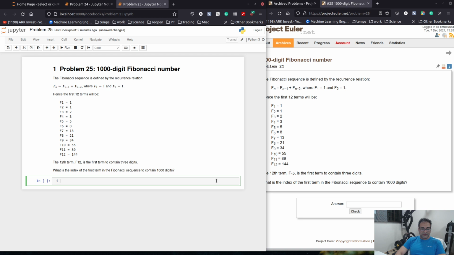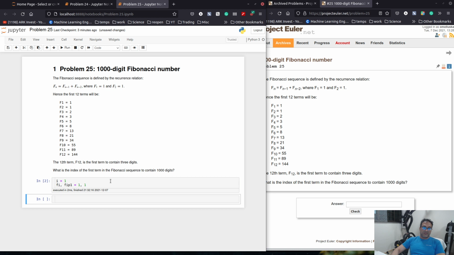So i equals 1, and F_i equals 1. There's F_i and F_ip1, that's i plus 1, is 1.